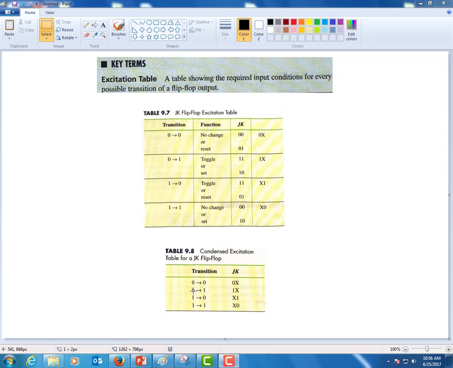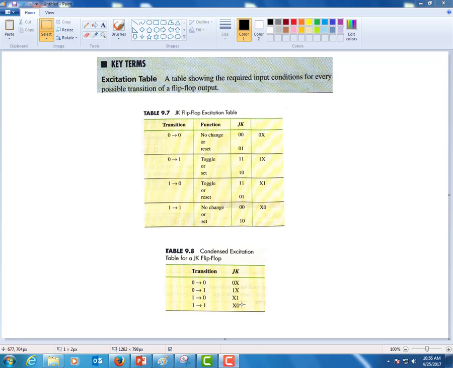If your transition is from a 0 to a 1, J is 1, K can be either a 0 or a 1. If your Q output is 1 and you want to go to 0, then your J can be either a 1 or a 0, but K has to be 1. And if you want a transition from a 1 to a 1, J can be either 0 or 1, but K must be 0.